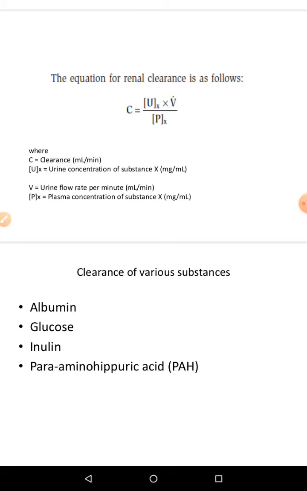It can be used to measure the performance of the kidneys. Okay, so PAH, we are going to see, is used to measure renal plasma flow. Okay, so this is about clearance of various substances.